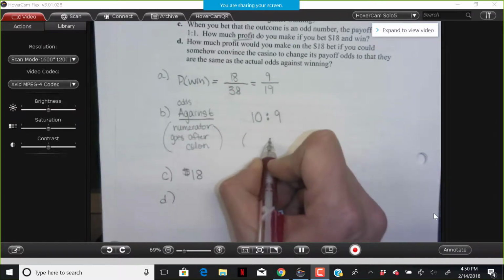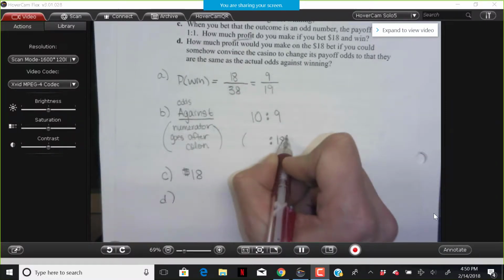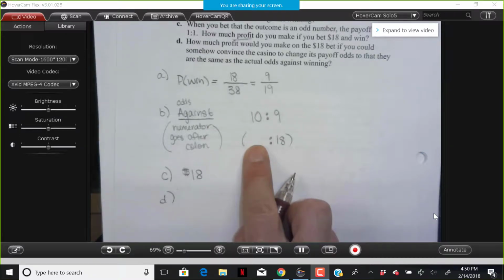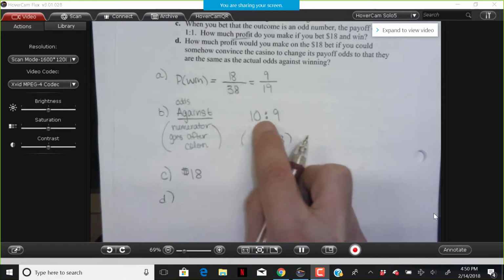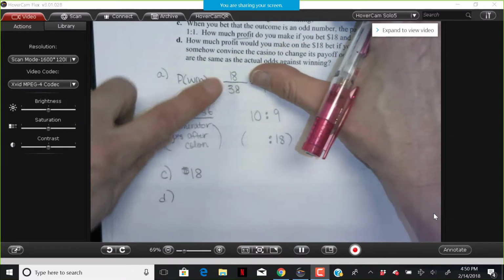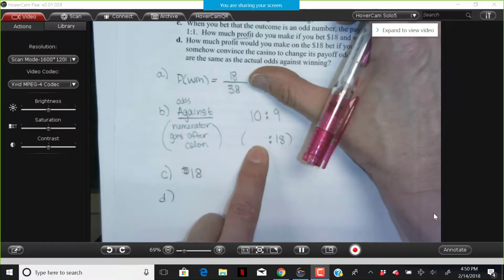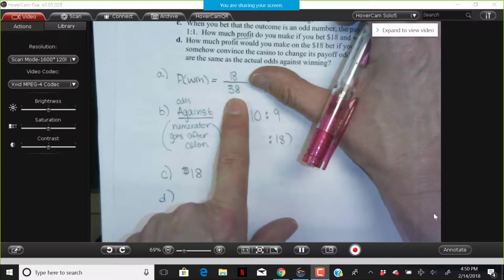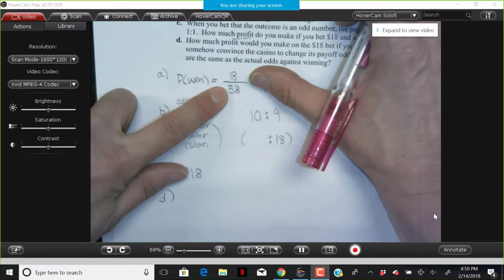So if I set up the odds with 18 second, what would go first? If there are 18 ways to win, how many ways are there to lose? 20, because there are 38 possible outcomes. So if 18 win, then 20 lose.